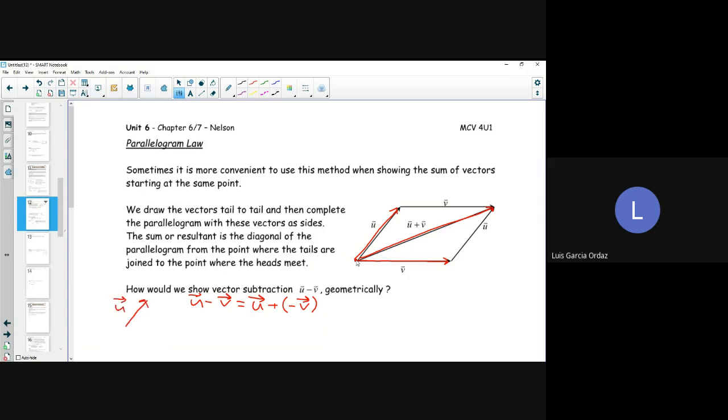From what we see in our diagram above, we know V is going to the right. How would vector negative V look? If we remember from Tuesday's lesson, how would it be drawn if you were to draw it?